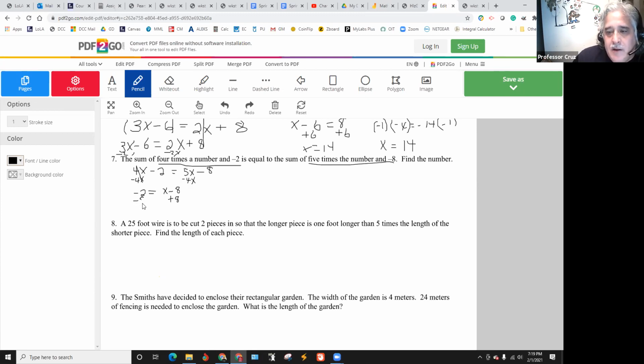It's just one reason why sometimes I'll go to the right side with my variables, just so that I don't end up with a negative value of x, because that can get confusing to the head. X is equal to negative 10. Yep, that checks out.